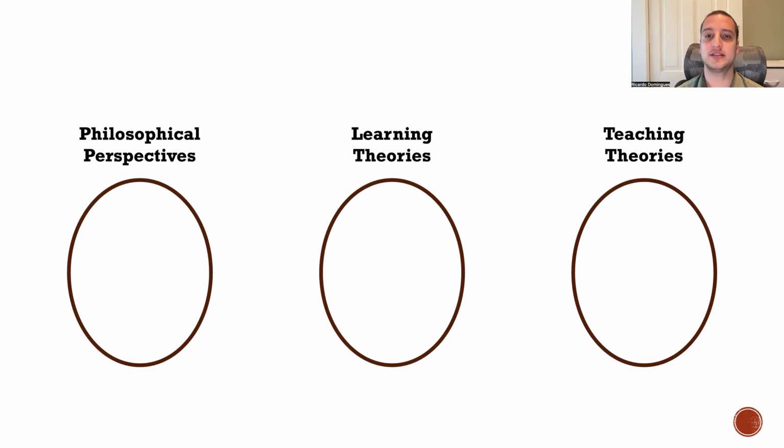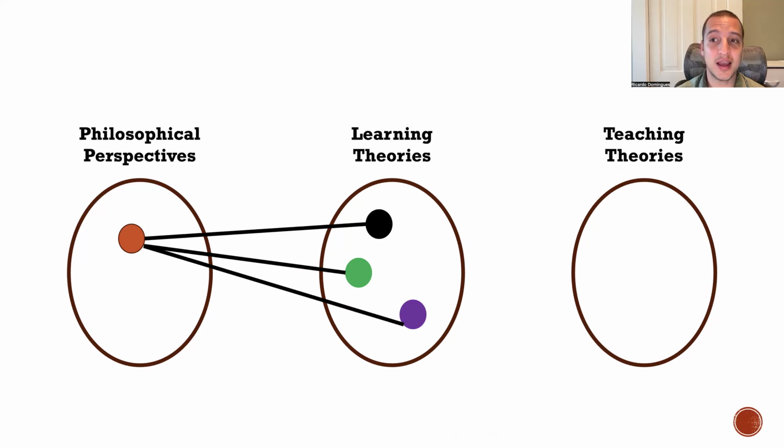Let's go back to that diagram: teaching theories, learning theories, and philosophical perspective. Here, illustrated by this orange circle, is the constructivist philosophical perspective. Through those three circles, a family of theories is being demonstrated. Those theories are all aligned with the constructivist perspective. Those are the learning theories that we are going to emphasize in this chapter.